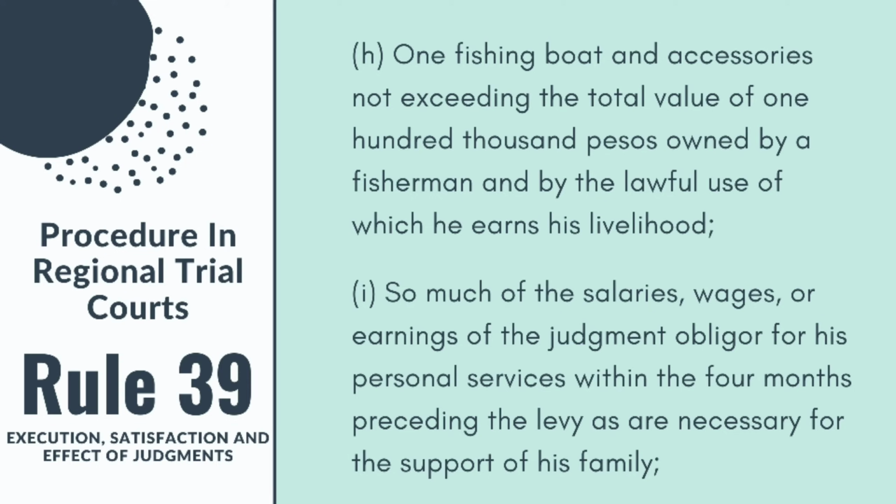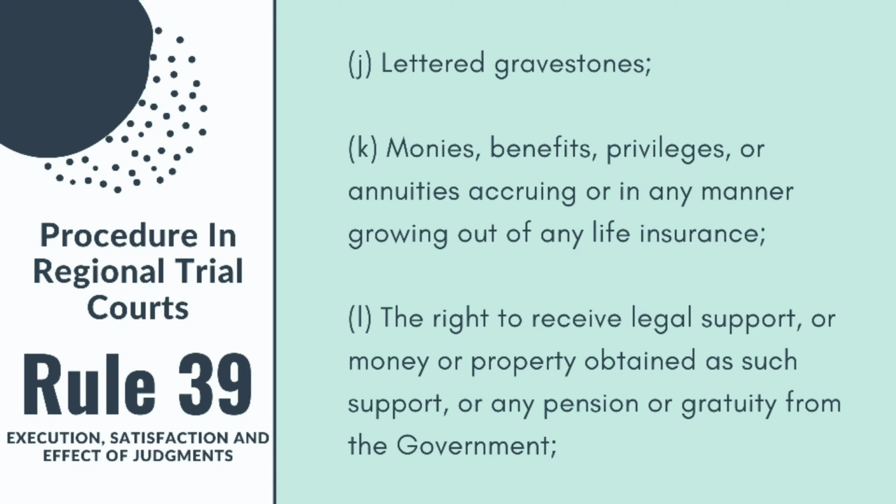I. So much of the salaries, wages, or earnings of the judgment obligor for his personal services within the 4 months preceding the levy, as are necessary for the support of his family. J. Lettered gravestones. K. Monies, benefits, privileges, or annuities accruing or in any manner growing out of any life insurance.